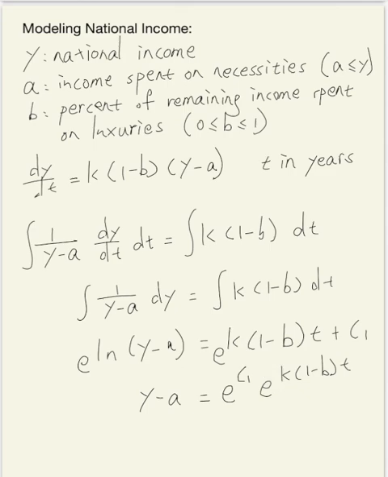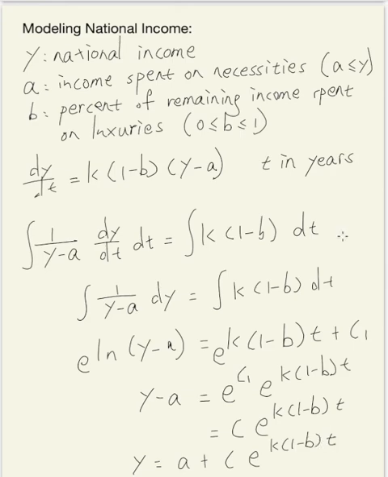Since C1 is an arbitrary constant, e to the C1 is again an arbitrary constant. Let's just call that C. This is why I called it C1, just to distinguish it from this arbitrary constant C. So we have C times e to the k(1 minus b)t. And finally, adding a on both sides, we get y equals a plus C times e to the k(1 minus b)t.